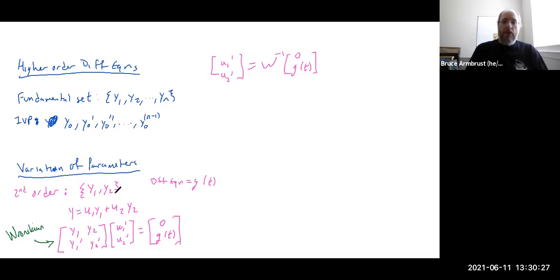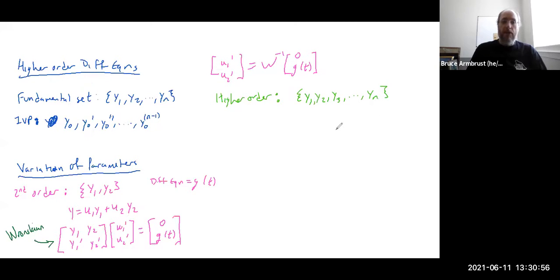So now, of course, the question is, what happens if we extend this to higher order? What if we're talking about a fourth order differential equation or a 10th order differential equation or whatever? Okay, so here's how things are going to change. Now, our fundamental set is going to be y1, y2, y3, all the way down to yn.